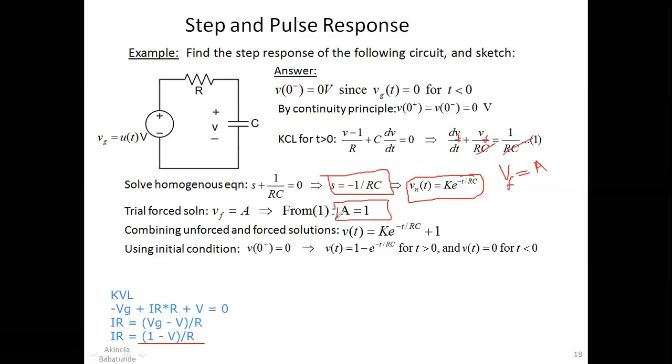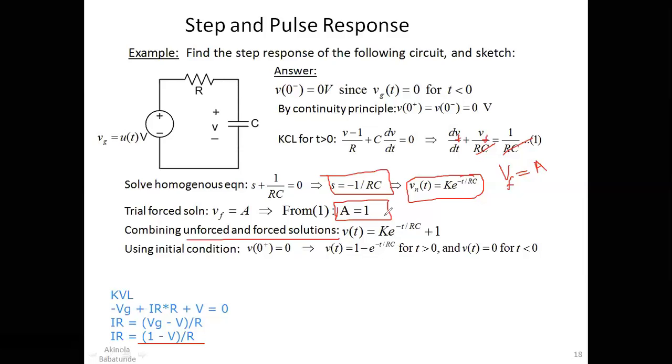So the total response in this particular circuit will be equal to the forced solution plus the natural solution, also called the homogeneous or characteristic solution. If you combine both, your V of t will be equal to A plus K exponential minus t over RC.